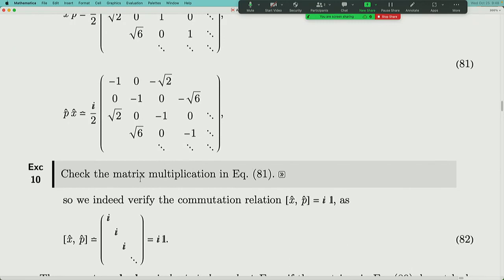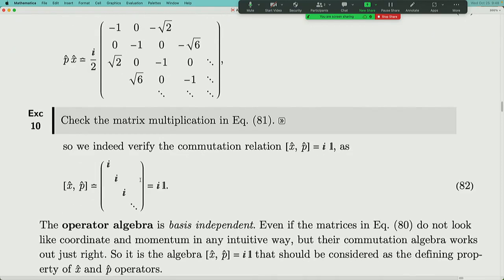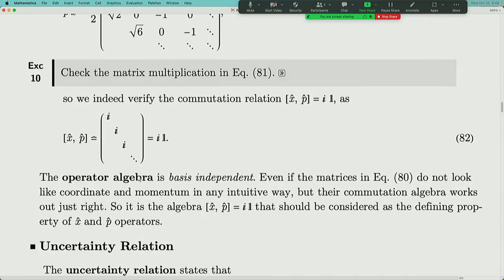Notice that there's a factor i in the front. Okay. So this is very reassuring, and it means we are doing everything correctly, and we can even restore our starting assumption that x and p have this commutation relation.